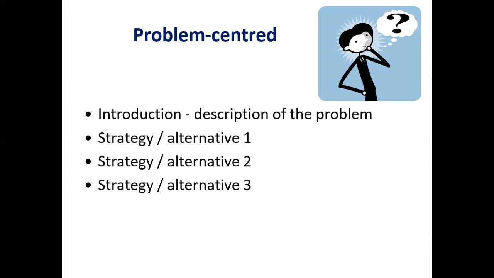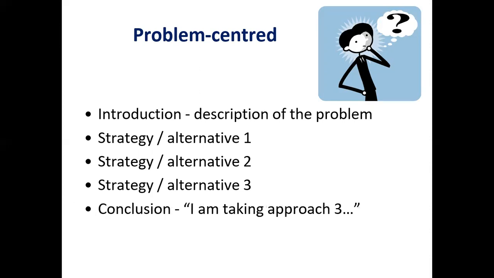We might have 4 and 5 as well, but this is just the model that there would be description of the problem, then some solutions to that problem, and in the last there will be a conclusion that out of these which one is much better, and on what basis.